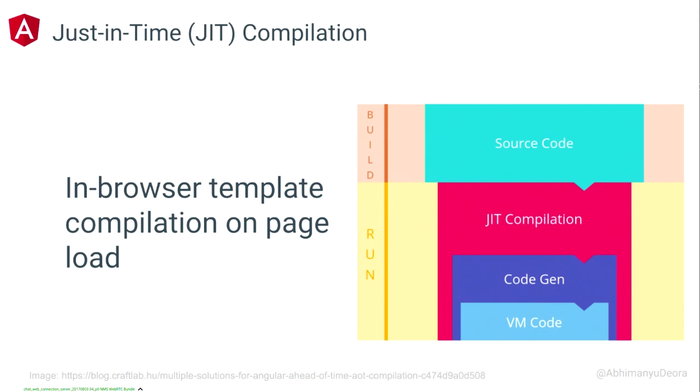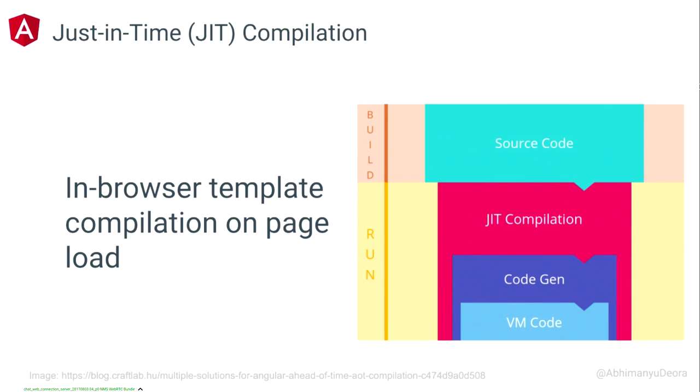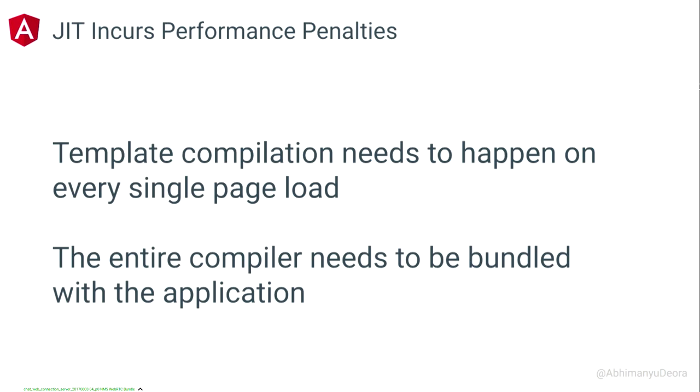Then the Angular template compiler, which you also bundle with your application, takes over and turns the HTML that you write into JavaScript code and executes all the magic of Angular. But this has some problems: template compilation needs to happen on every single page load, and you also have to bundle the entire compiler with the application. This leads to issues such as large time to interactive, especially for complicated apps, and especially on underpowered devices such as mobile devices.